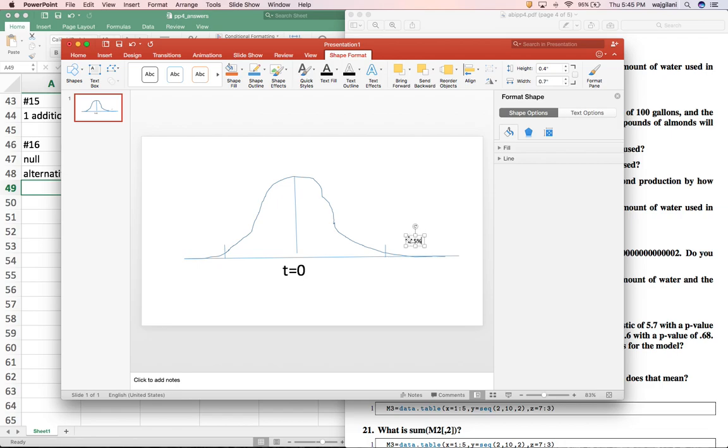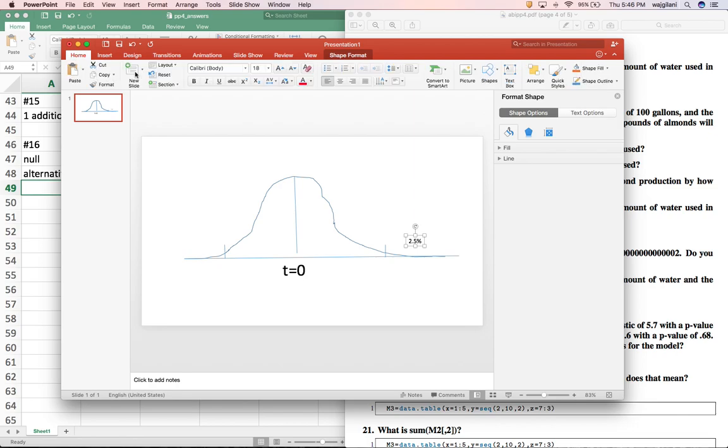2.5%. Let me make this bigger. Boom. Okay, 2.5%. Copy this. Slide that over here. This part over here, this region, again, this is for a 95% confidence interval analysis.